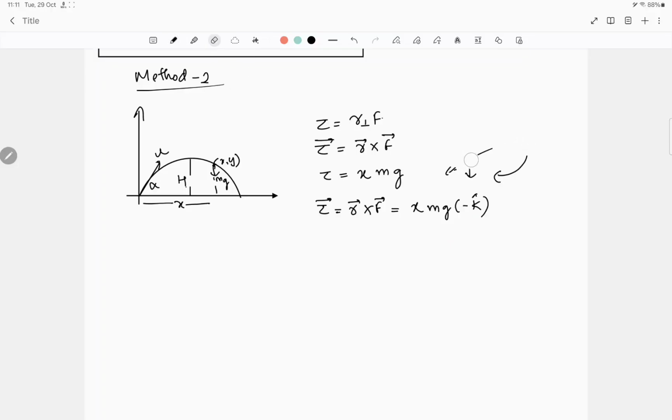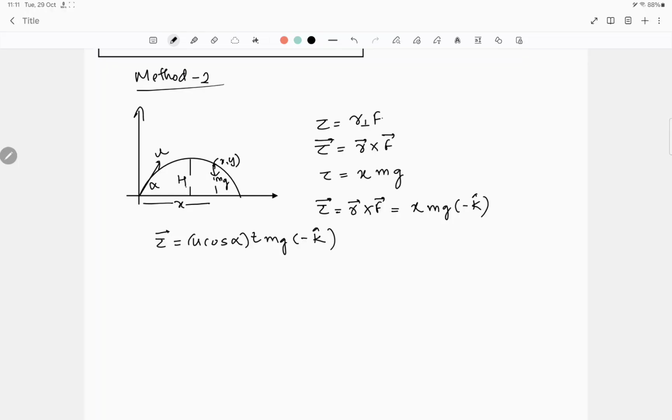Otherwise, see any video on YouTube, you'll get to know. So we now have tau equal to xmg minus k cap. We already know that x is equal to u cos alpha into t, into mg into minus k cap.